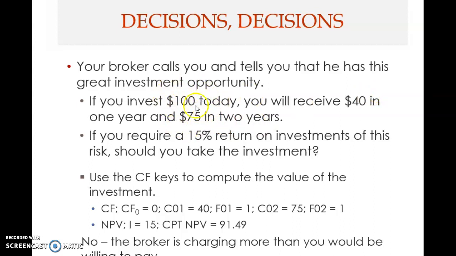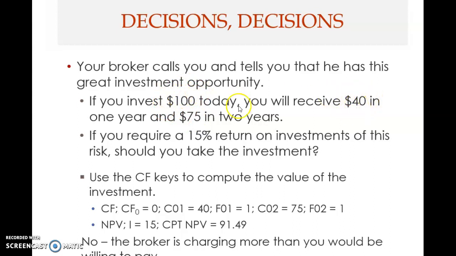This $100 is what you invest, so it's actually a cash outflow. And this $40 and $75 are cash inflows. This is outflow, these two are inflows. So you need to look at this separately. Don't add these together. This is what you put in now, and this is what you get out later.